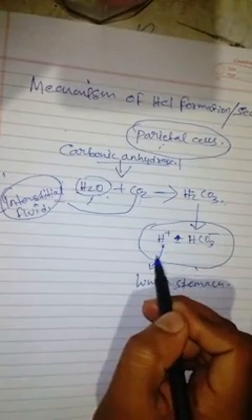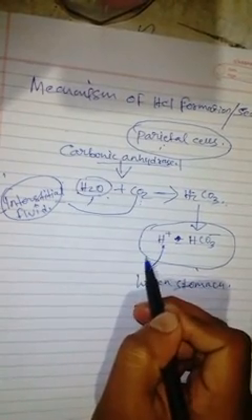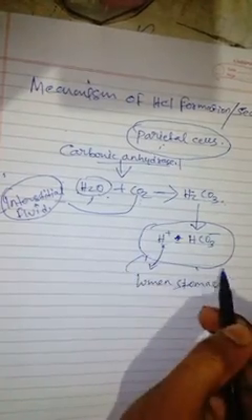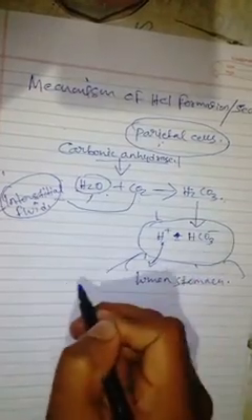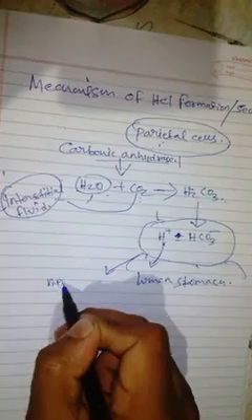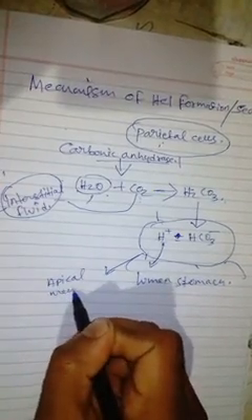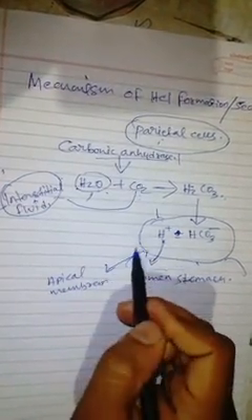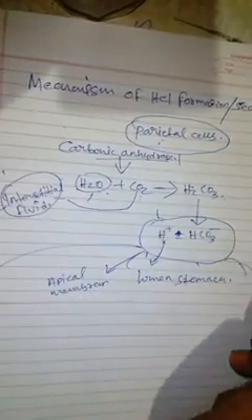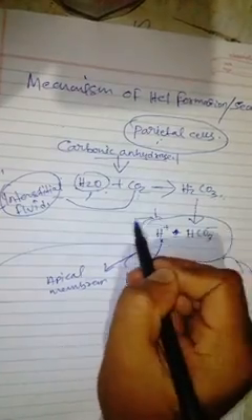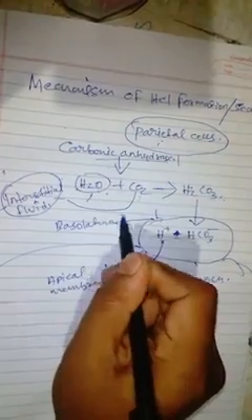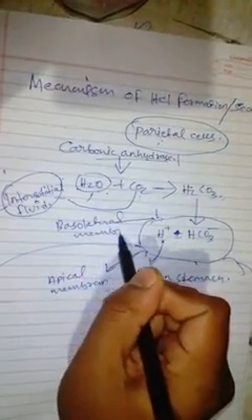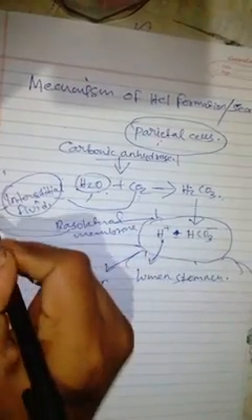In the apical membrane, which is facing towards the lumen, and this is the basolateral membrane, which is facing towards the interstitial fluid.